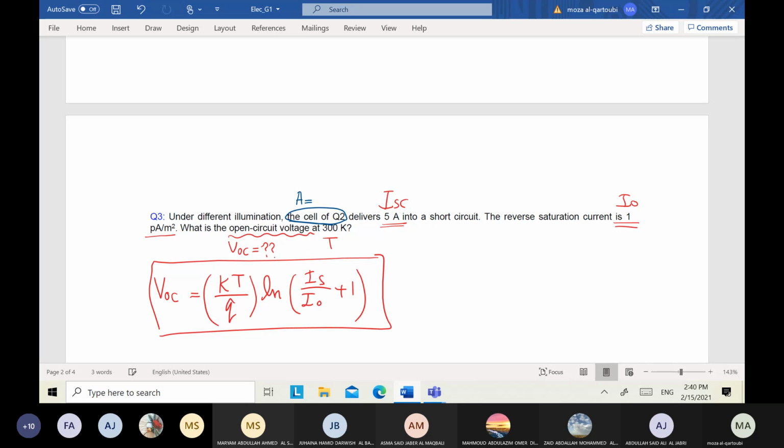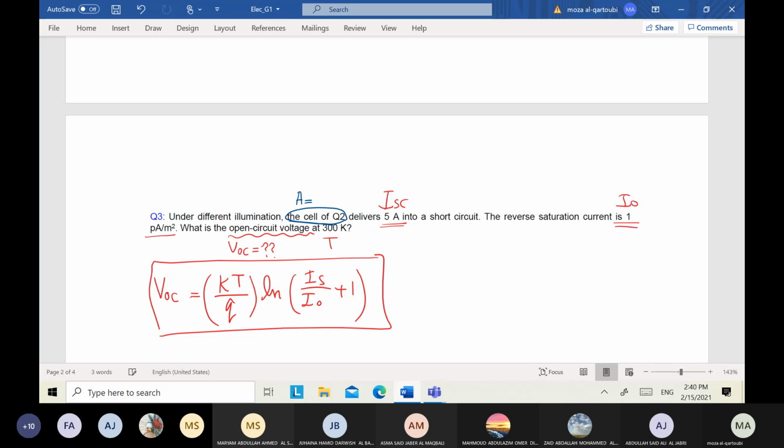So 100 centimeter square. We need to change to meter first because I saturation is now given in per meter square. So please change from centimeter to meter square. In the previous question, we didn't need to change to meter square because the current was given with respect to centimeter. Now we need to change. Given the value of area in meter squared, it will be times what?